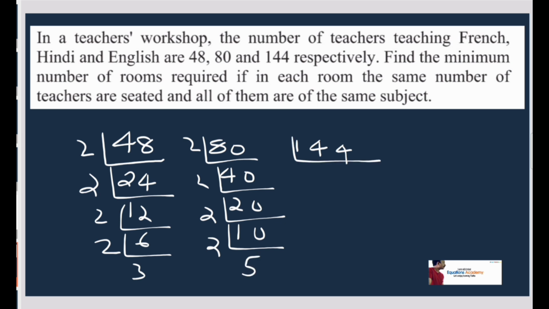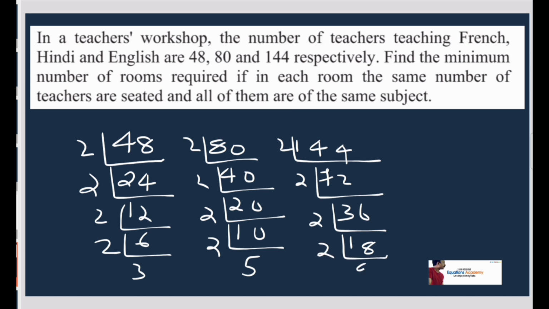When we go to 144, 2 gives 72, again 2 it is 36, again 2 it is 18, again 2 we get 9, then 3, 3 threes are 9.